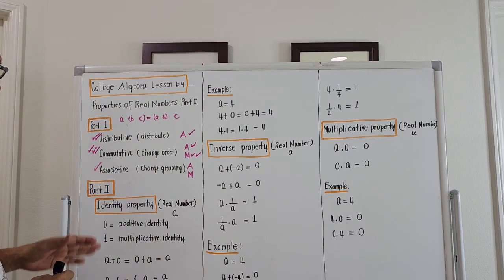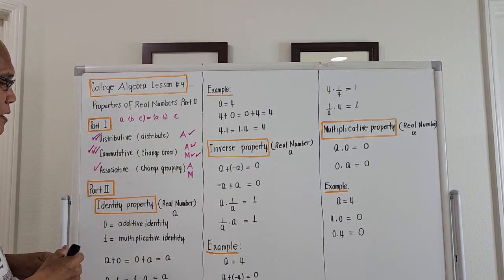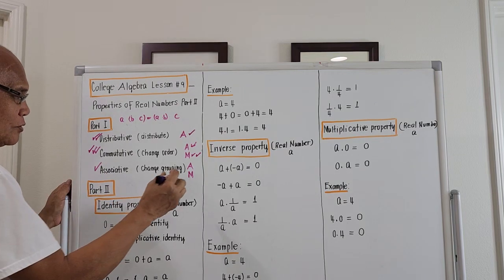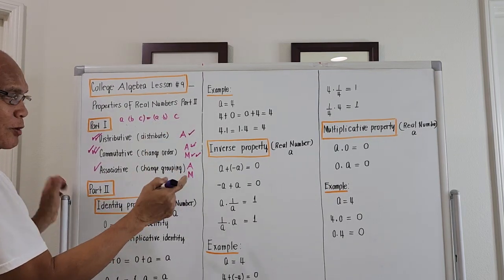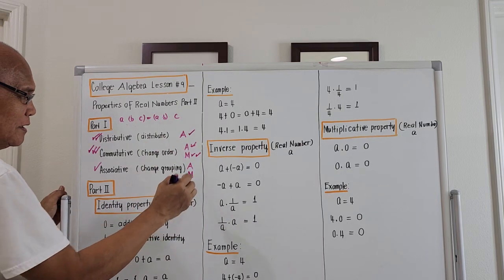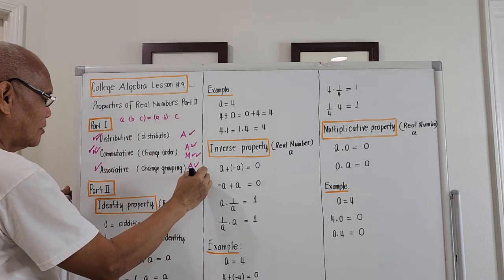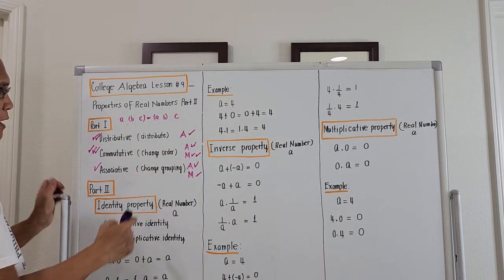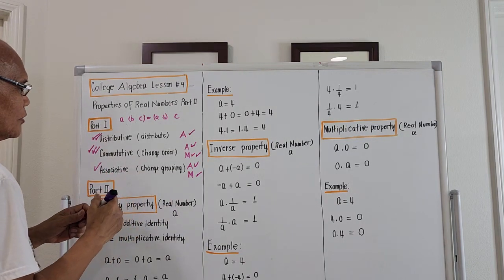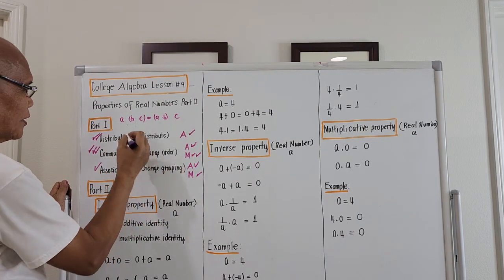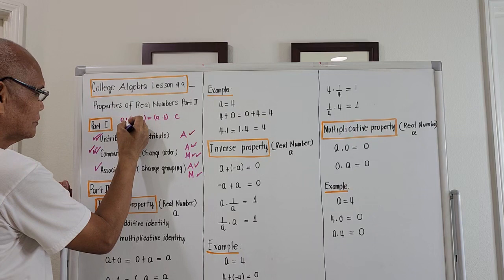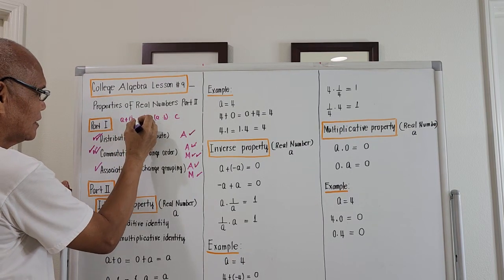And for the associative, it is also applied to, so this is now the summary of lesson number 8, applied to addition and multiplication. You just change the order of the grouping. So with respect to addition, right?